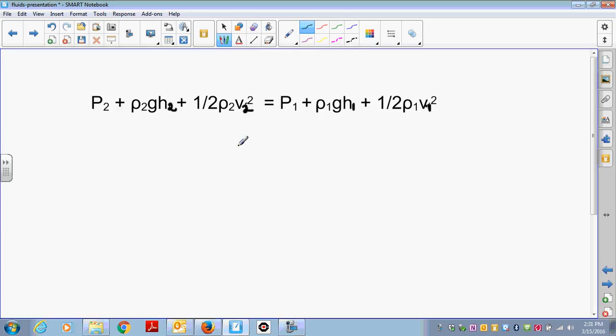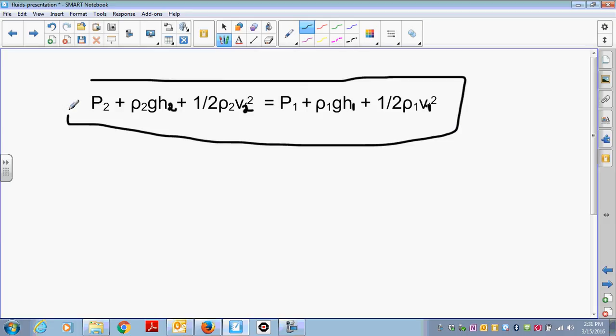Now, these two things are equal, so you could say that they're equal to a constant, which is what the lecture notes use. But this really is what we use to find the values, for instance, the speed or the pressure at position 2 versus position 1. You can use Bernoulli's equation, which comes from the work energy theorem.